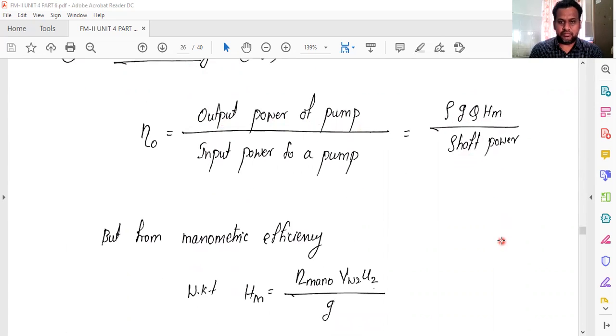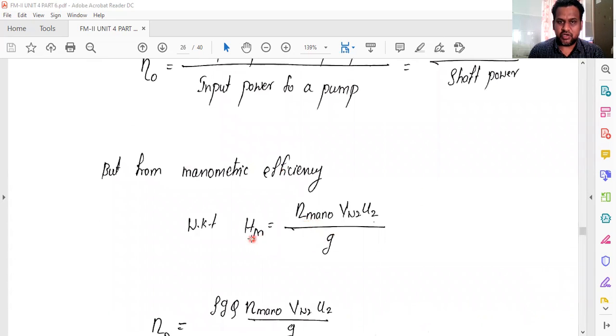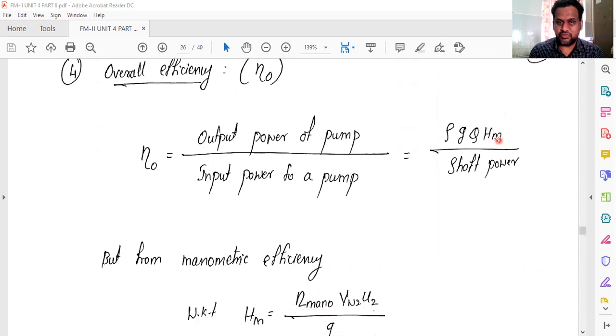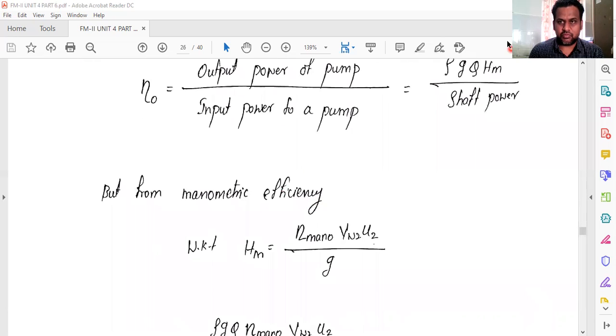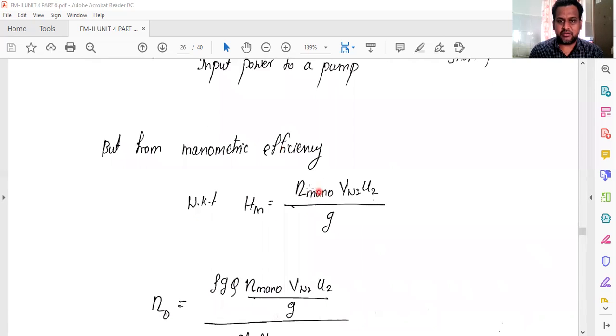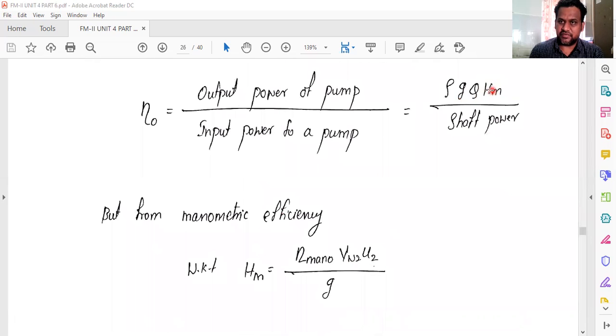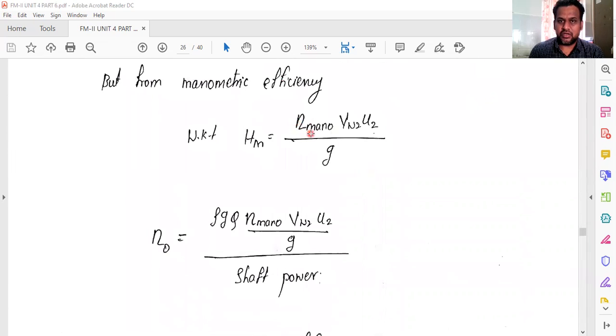But you already know the formula for Hm. The manometric head is nothing but manometric efficiency into VW2 U2 divided by g. You substitute in this equation. Instead of Hm, you write manometric efficiency into VW2 U2 divided by g.